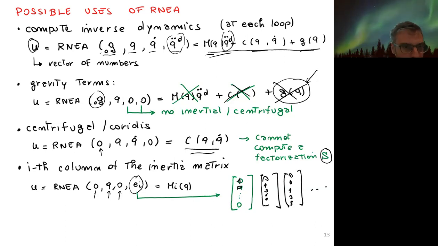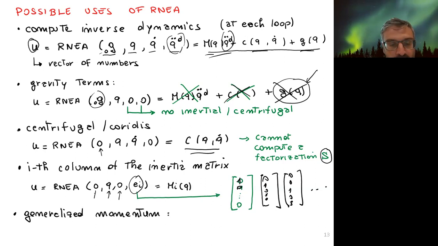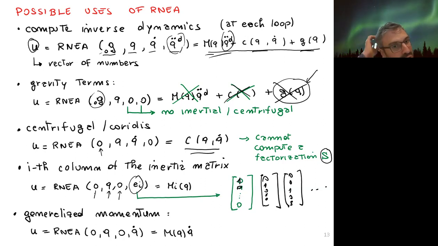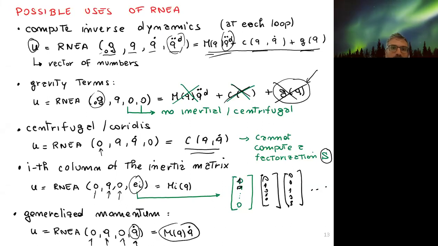Finally, there is something that people do for collision detection. They use the generalized momentum, which is the product of the inertia matrix times the joint velocities. And here, the trick is to just use no gravity, position of the joints, no velocity, and put the velocity instead of the acceleration, and you get only this term of the model.